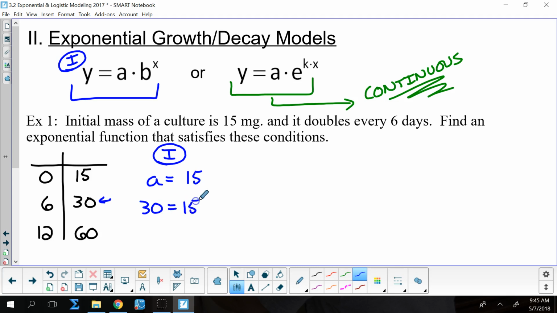A is 15. B is what I'm looking for. From this second line, what is X? If 30 is Y, what is X? 6, because I'm using this line. So that's B to the 6th power. I need to solve for B. What am I going to do first?